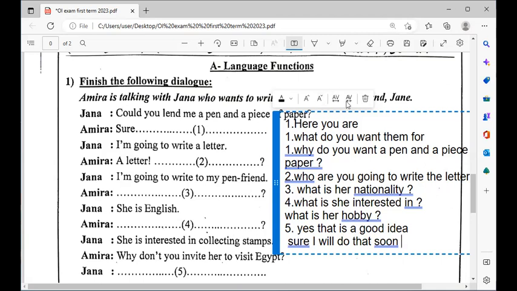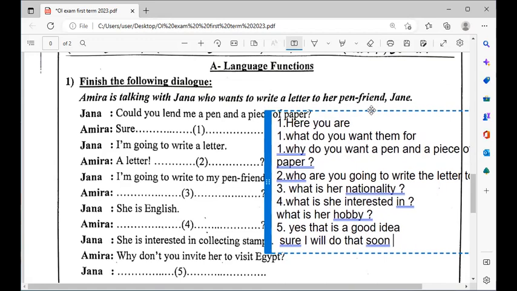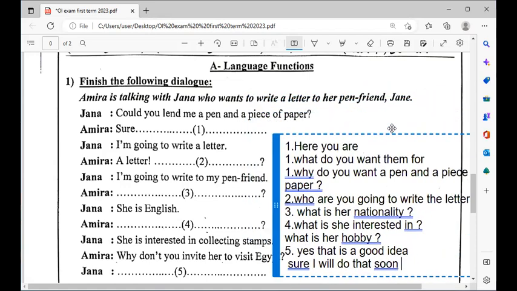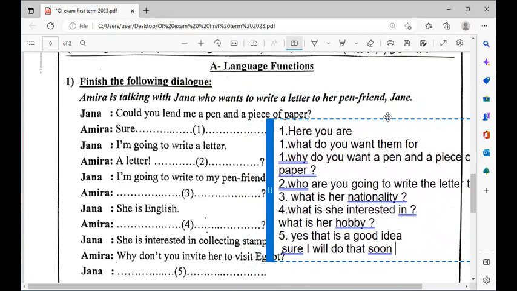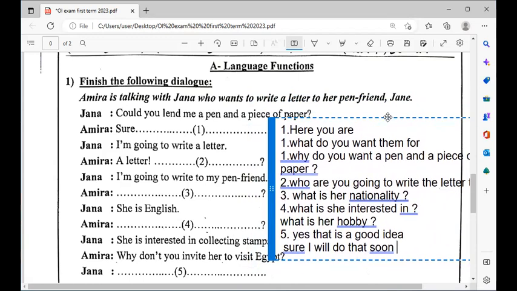So here, as you see, my dear students, there is some kind of flexibility when you answer the dialogue. Any suitable answer will be acceptable from you.